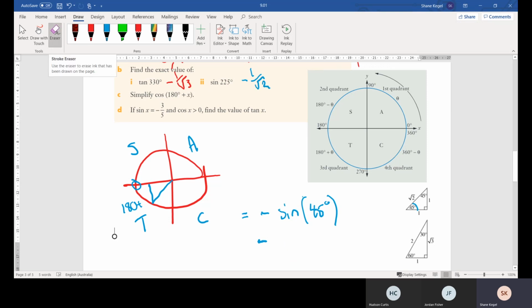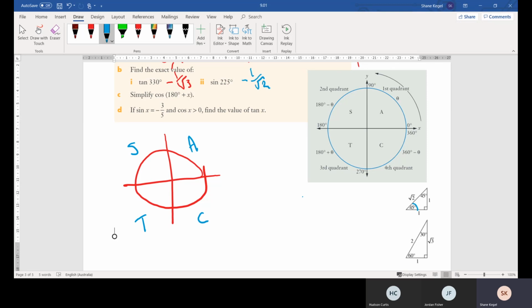Okay, now I'm asked to simplify, looking at part C, simplify cos of 180 plus x. Looking at this, 180 plus x would put me into this quadrant here. Seeing as tan is the only positive option, I know that I'm going to get a negative value.